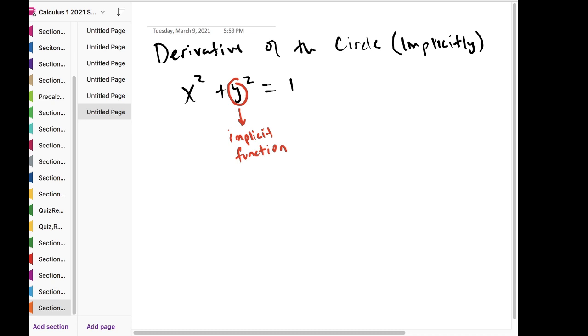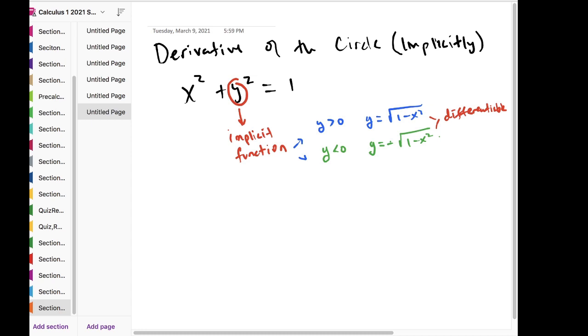Again, when y is greater than 0, y is equal to the square root of 1 minus x squared. Sorry, this should be greater than 0. When y is less than 0, y is equal to negative square root of 1 minus x squared. Both of these are differentiable. Do you agree? We can chain rule that.